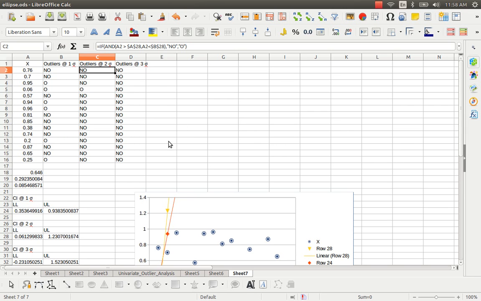In this video, we finished the first steps. Step number 1, simulation of the dataset; step number 2, calculation of the confidence intervals; 3, plotting the graph; and 4, calculation of the outliers.